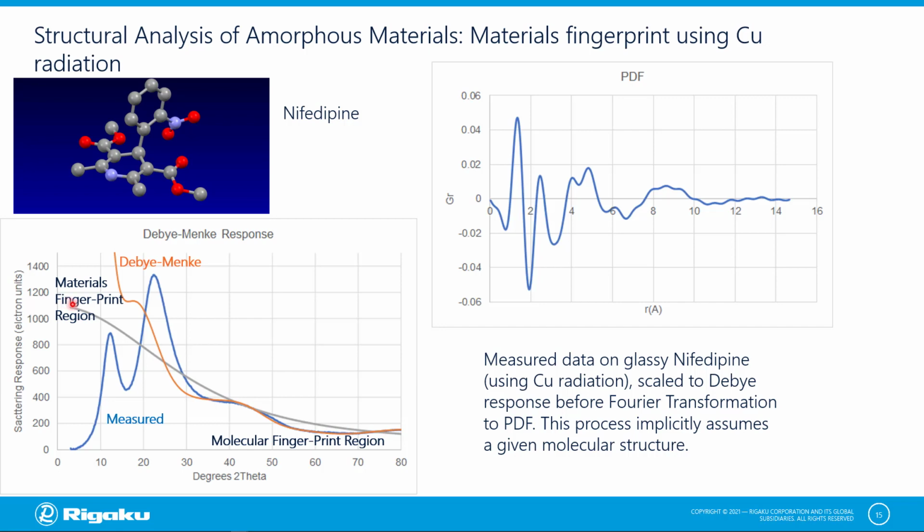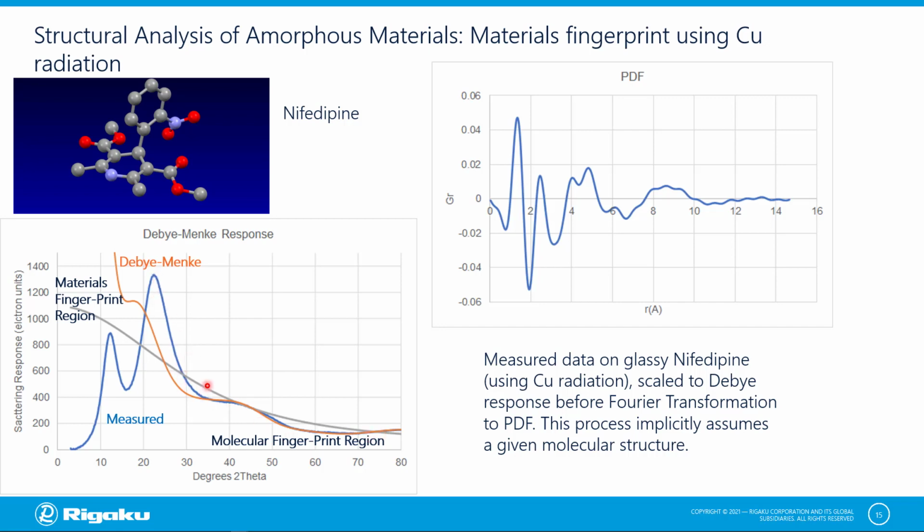Typically, if we were normalizing for pairwise distribution function analysis, we would use the independent coherent cross-section, so in gray here. But you can see that on this limited range out to 80 degrees with copper, we do not achieve any asymptotic behavior at all. So it really is hard to appropriately scale the data at that point.